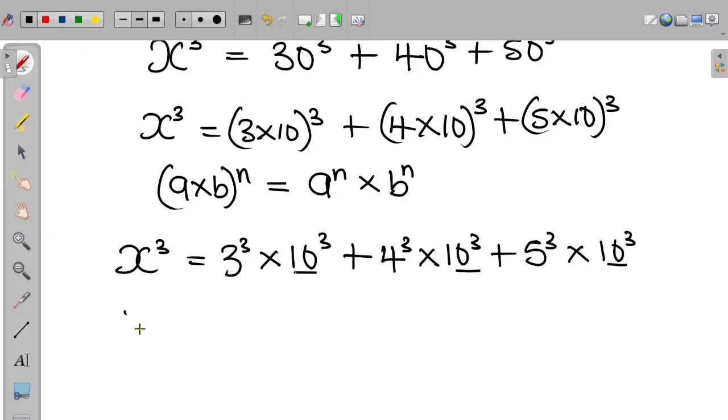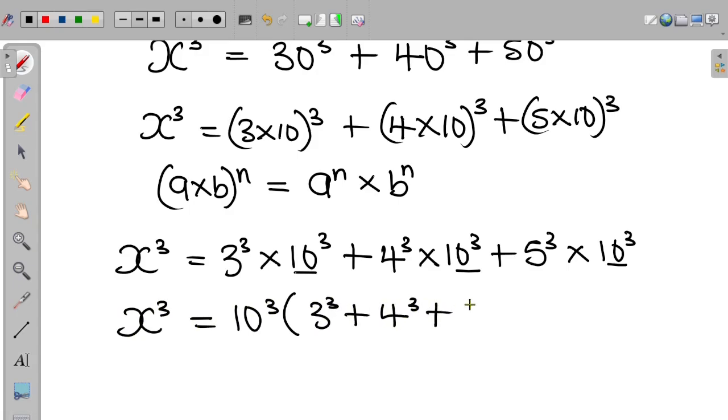So we have that x cubed is equal to 10 to the power of 3, open a bracket, 3 cubed plus 4 cubed plus 5 cubed, and we close our bracket.